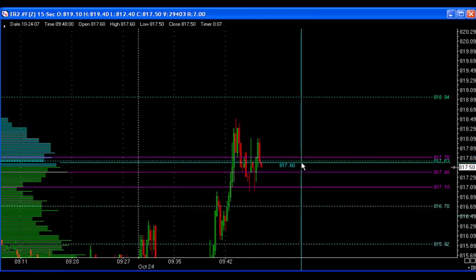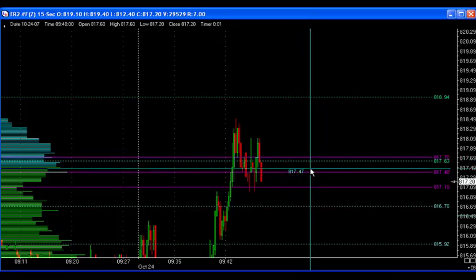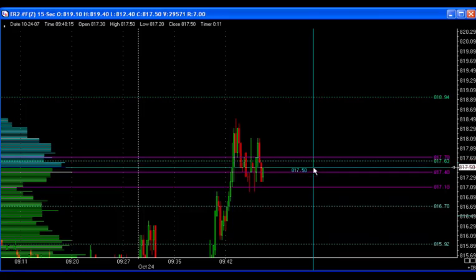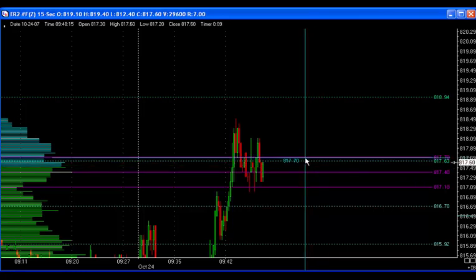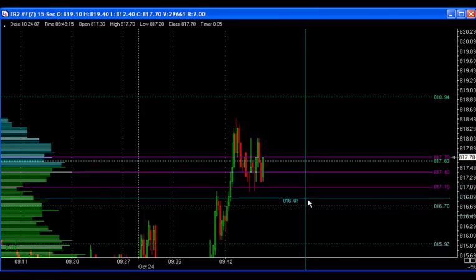Going long at 817.63 isn't a high probability trade because of this peak volume price sitting in there, which would cause the price action to simply bounce around a lot.